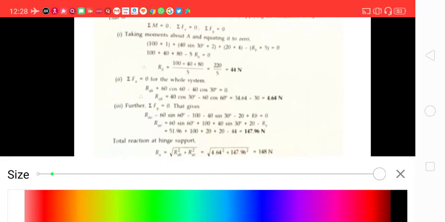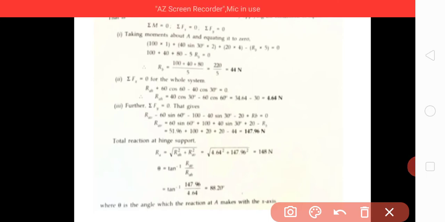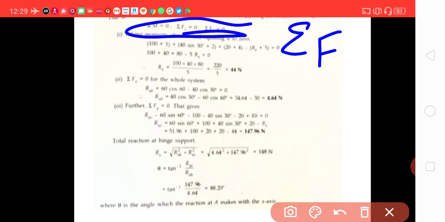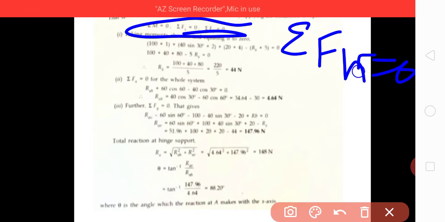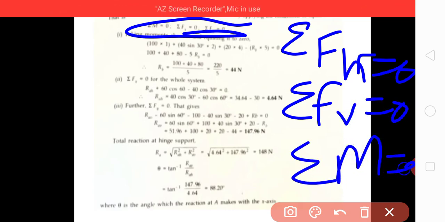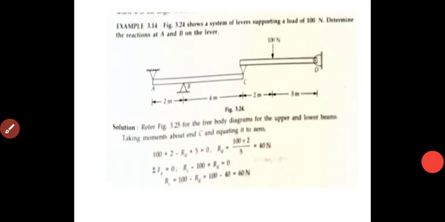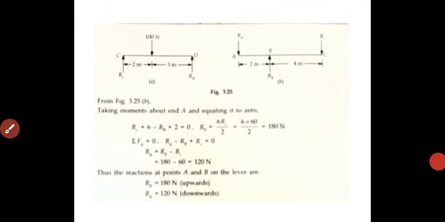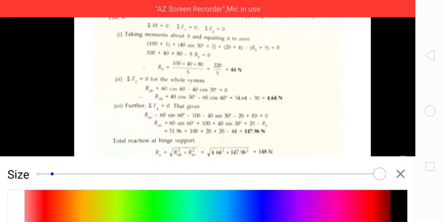The conditions of static equilibrium for the coplanar non-concurrent force system are summation FH, horizontal, equal to 0, summation FV, vertical, equal to 0, and summation M equal to 0. Just remember this.